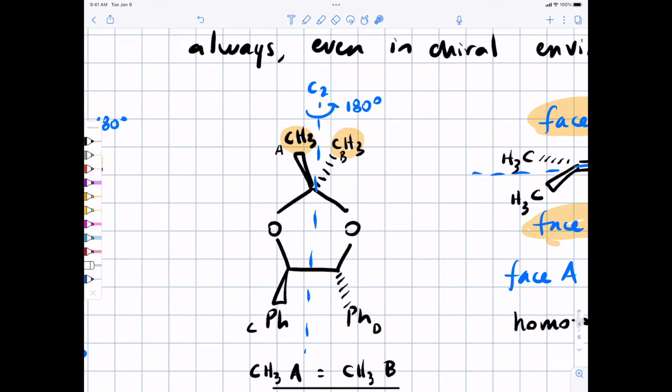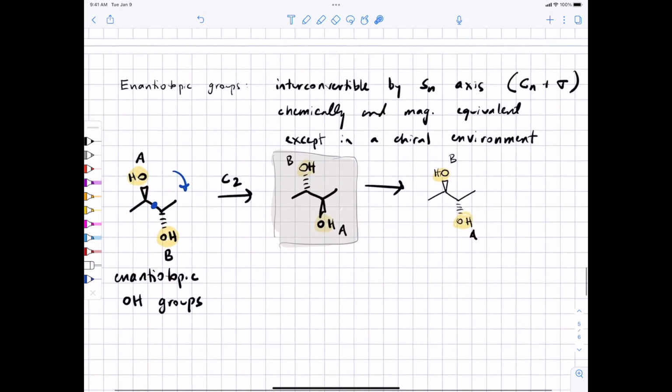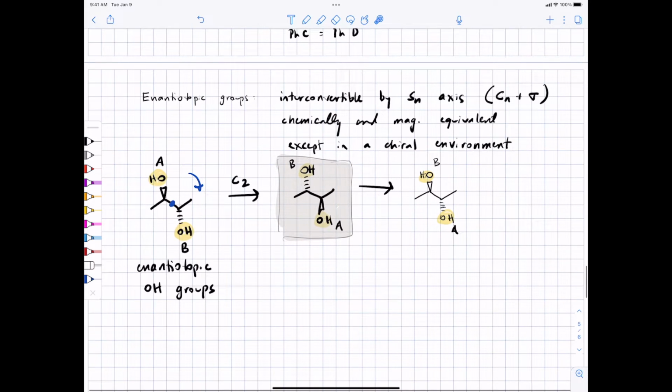You'd need an axis perpendicular to that C2 axis to make it an improper rotation. Even if you say, if I have a mirror plane in the plane of the page, does that fully interchange these? No, because the mirror plane doesn't reflect this one and that one into equal positions. So yeah, if you have an SN axis, they're going to be enantiotopic, not homotopic.